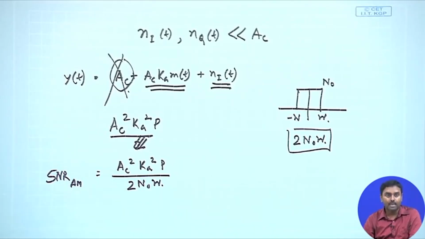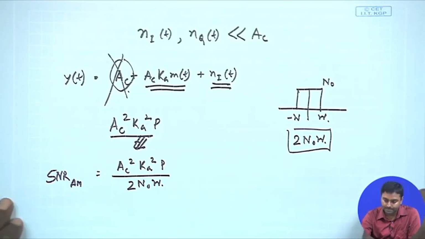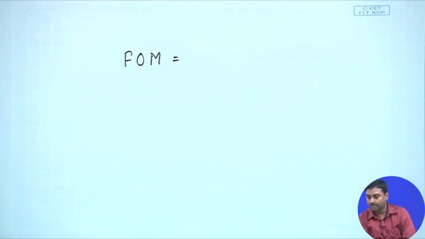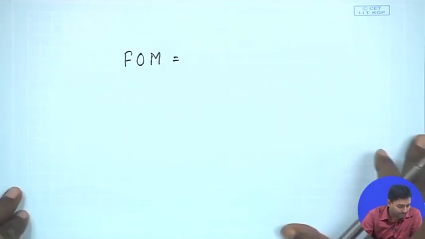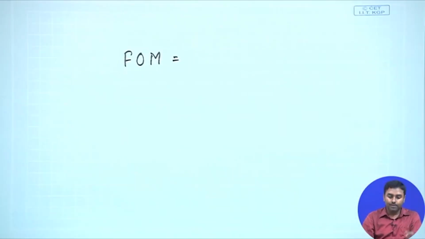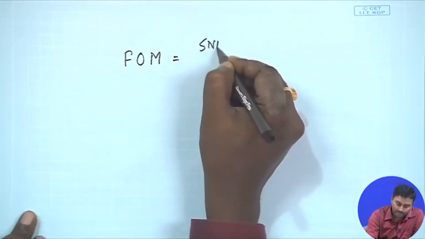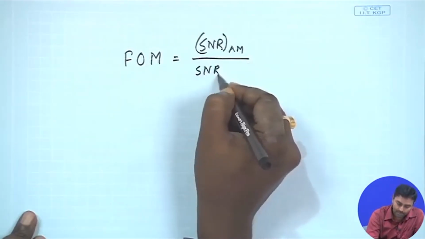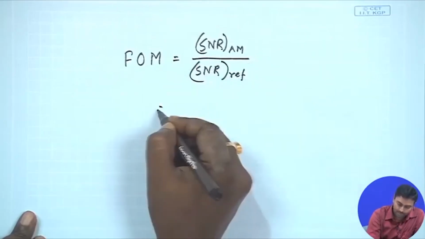Now, if we wish to calculate the overall figure of merit of this modulation, first we have to put the SNR of AM divided by SNR of the reference.